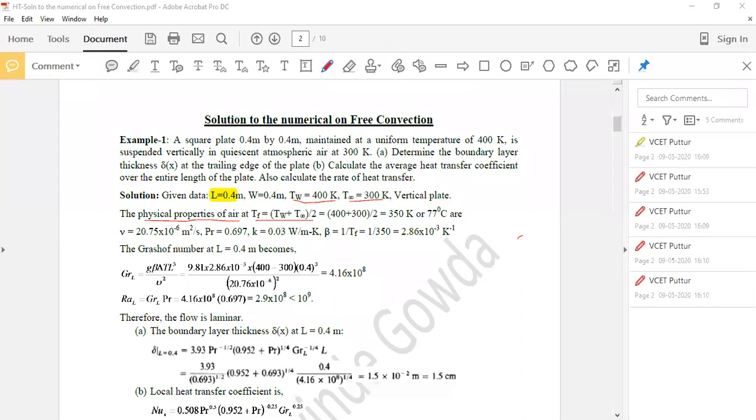If you use the interpolation formula, that is the linear Lagrangian formula, you will get the values at 77 degree centigrade exactly. Since values are not varying too much, you can read at a nearer temperature, for example, values corresponding to 80 degree centigrade.